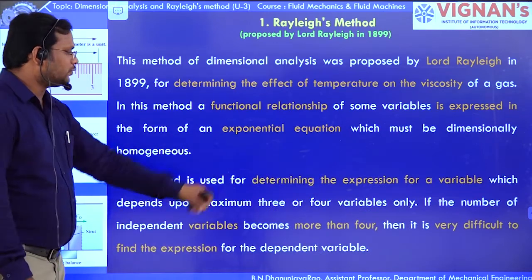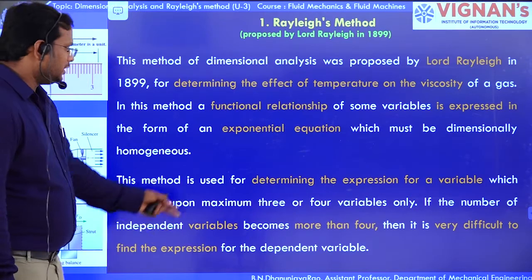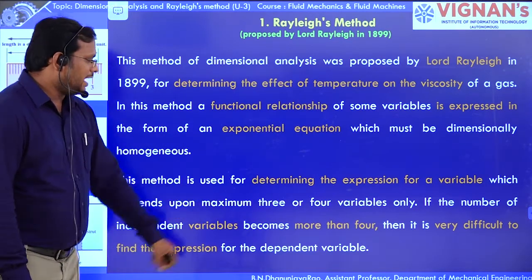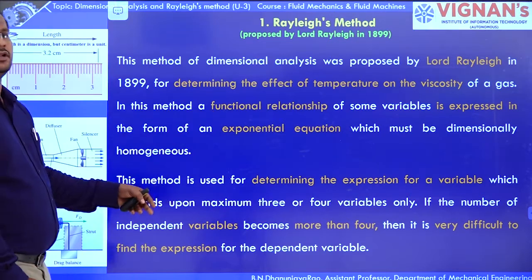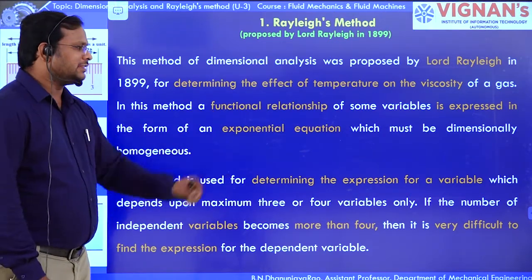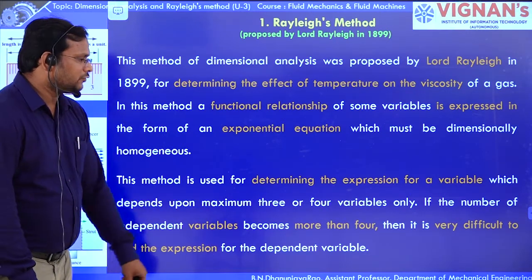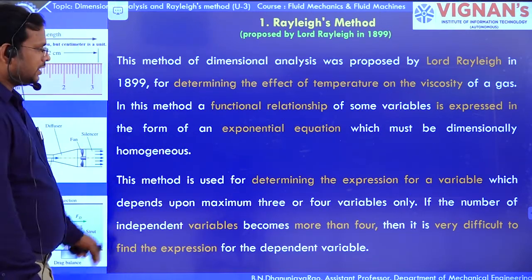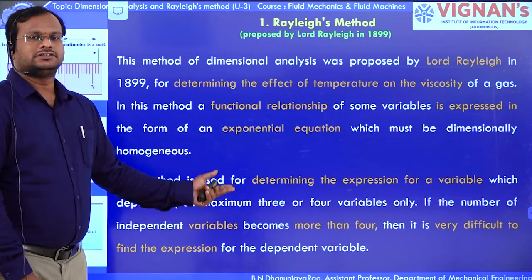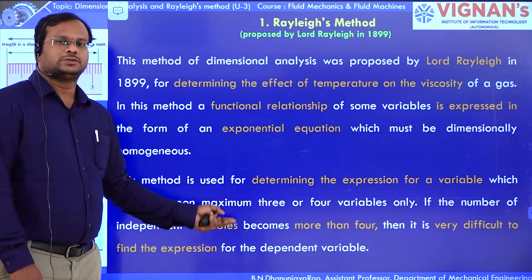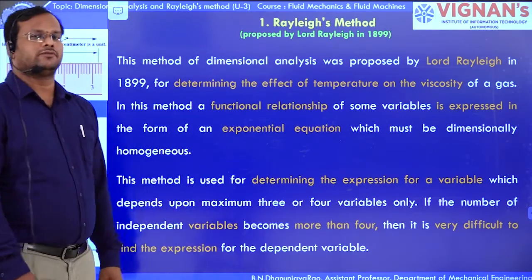This method is useful for determining the expression for a variable which depends upon a maximum of 3 or 4 variables only. That is the main drawback of this method, because it is limited to 3 or 4 variables in a fluid flow problem.